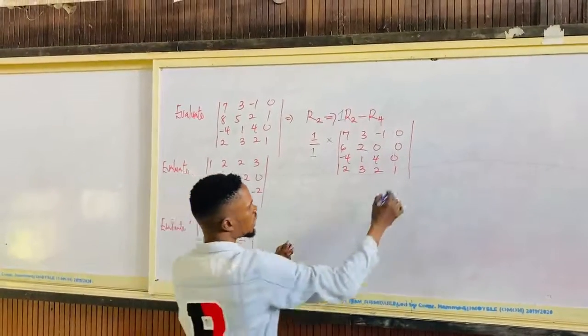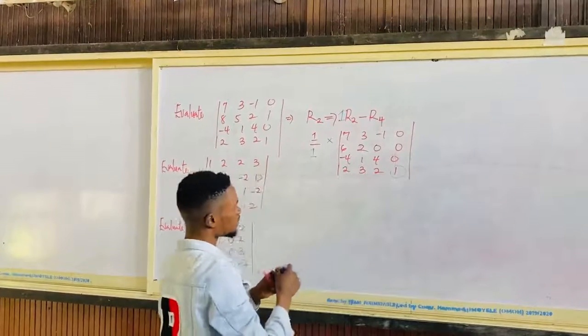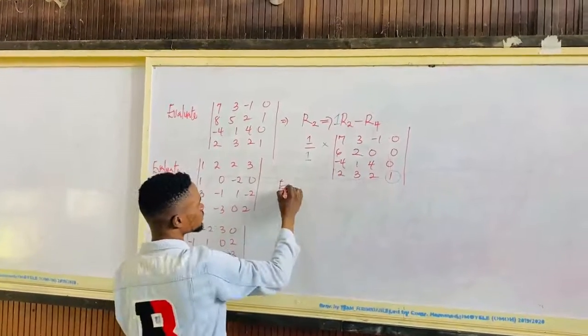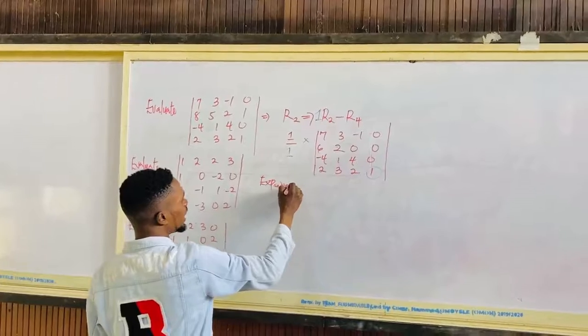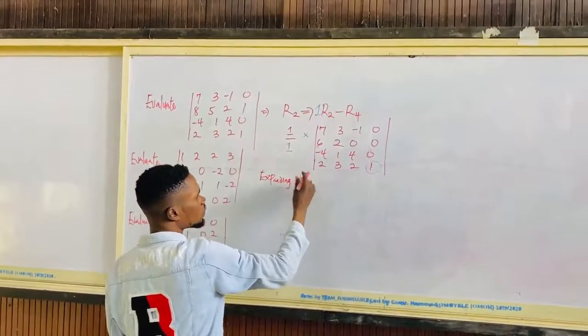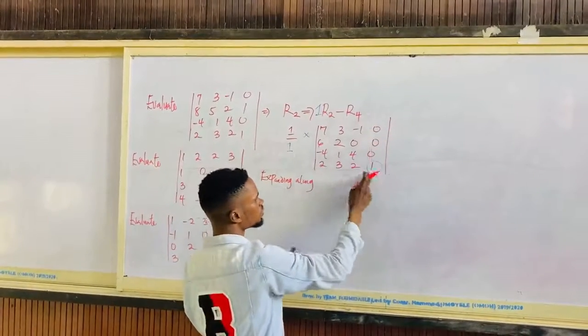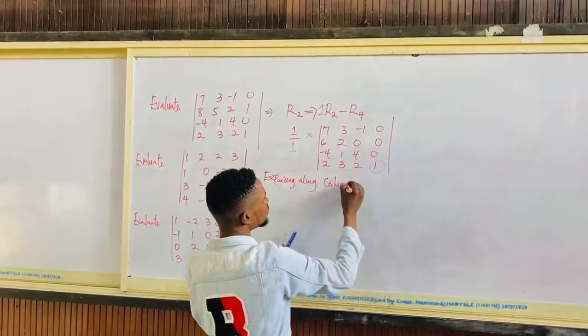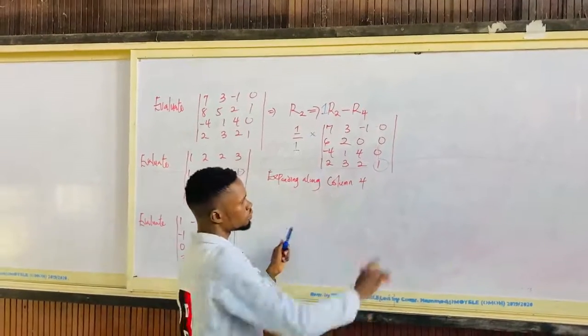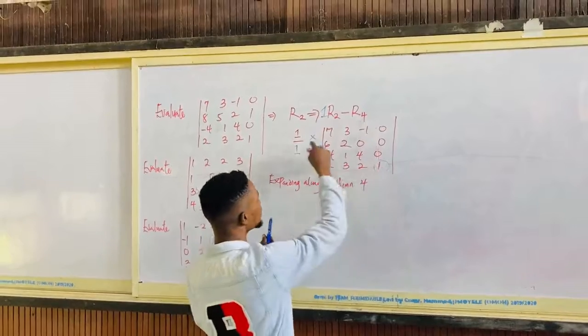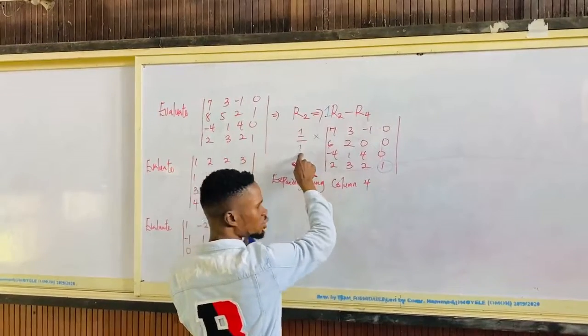Now, we take this 1 here. Then we write expanding along, which column is this? 1, 2, 3, 4. Column 4. You expand along column 4. Look at this 1. If it is 2 or 3, just multiply it by this. So 1 over 1 is 1 times 1.